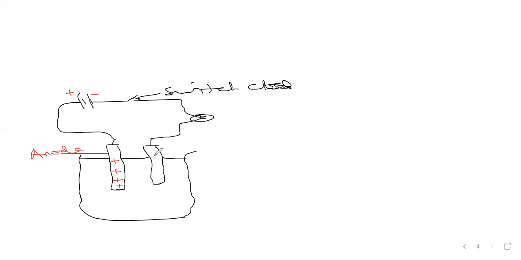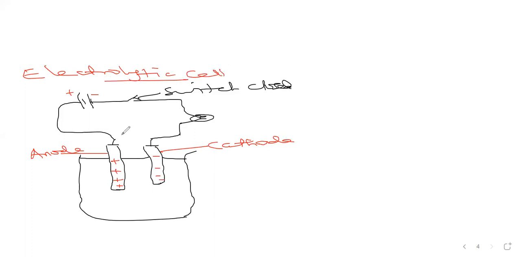The negative terminal is usually connected to the negative pole, which we usually call the cathode. Remember, these are negative and positive depending on the type of cell we are using. The anode is only positive and the cathode is only negative if we are talking of what we call an electrolytic cell. We shall see what we call an electrochemical cell, and we shall see that the opposite is true.